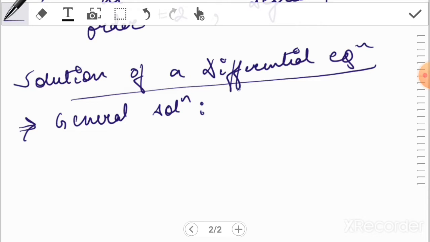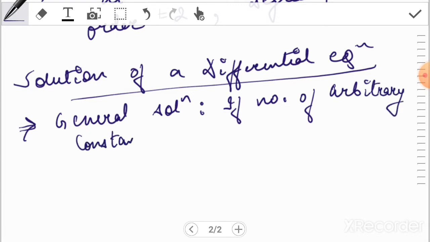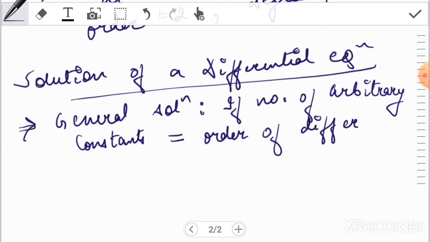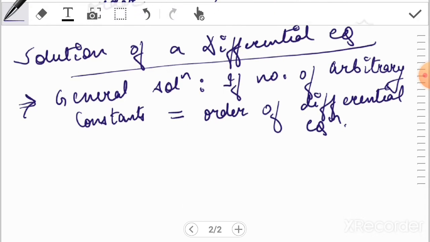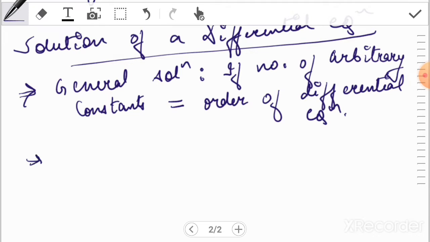If the number of arbitrary constants is equal to the order of the differential equation, then it is called the general solution of the differential equation. Next is particular solution.